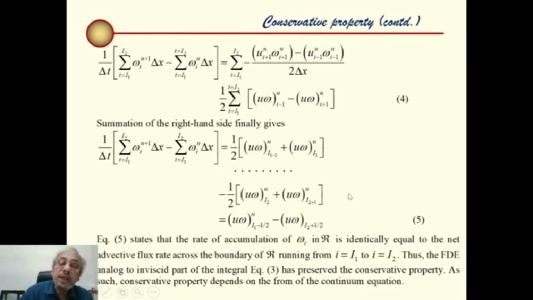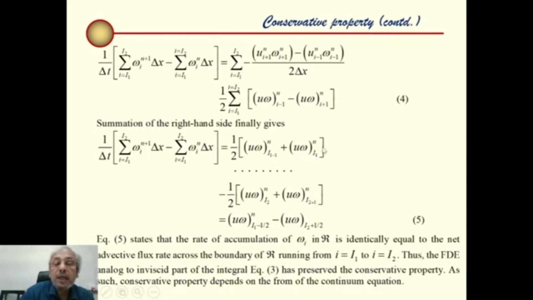Intermediate terms will be cancelled out, and the final expression which we will get will be, so I have given dot dot dot, so finally I equal to I2, and then this is small I equal to I2, so I2, and this is I2 plus 1.